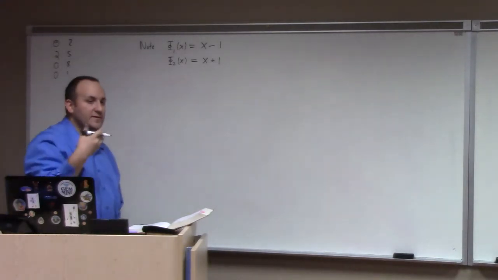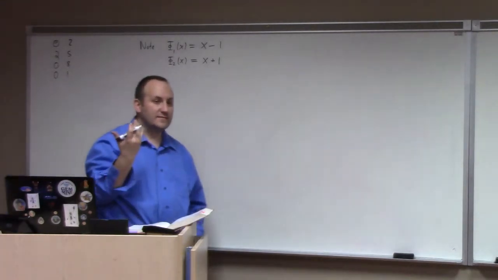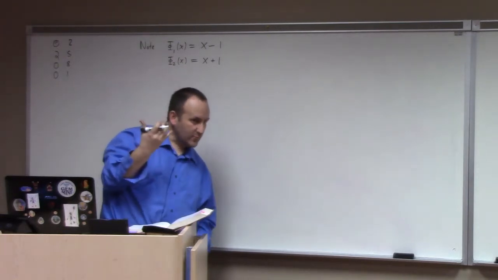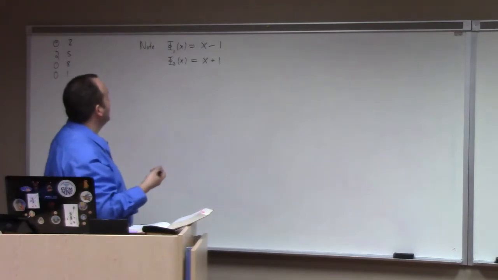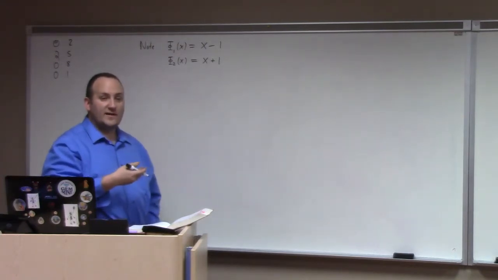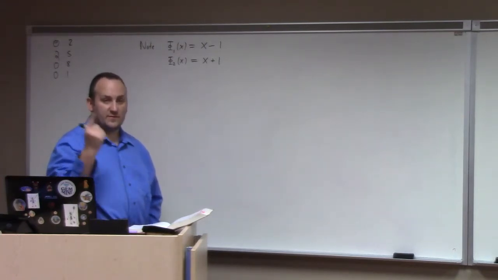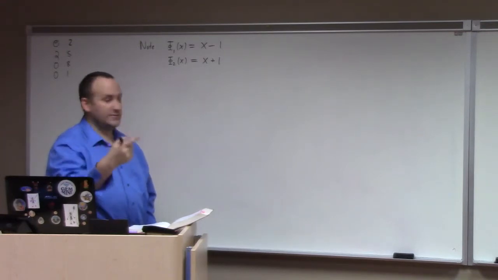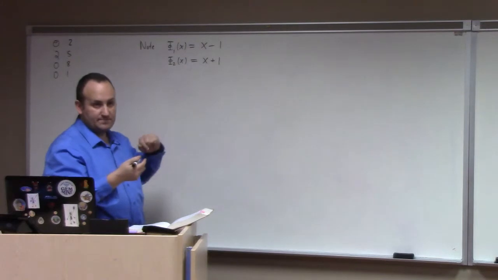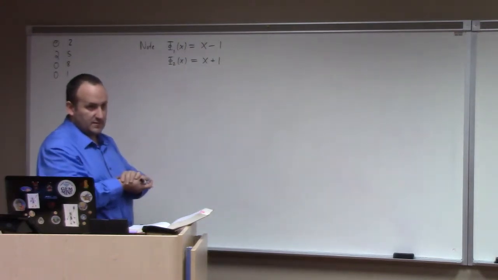What's the first root of 1? 1. X minus 1, oh, it's x minus 1. What is the primitive second root of unity? There's only one of them, minus 1. So x minus minus 1 is x plus 1. That's where these come from. Okay? Just the definition.